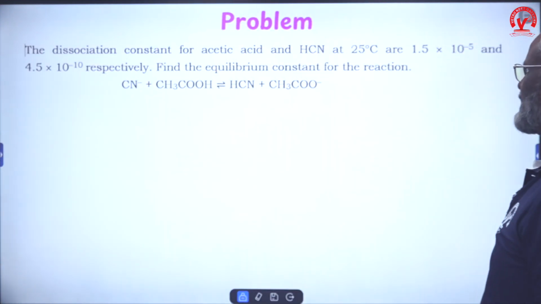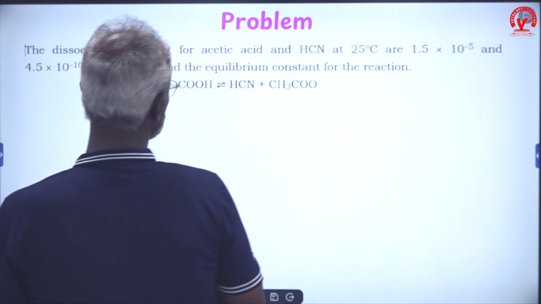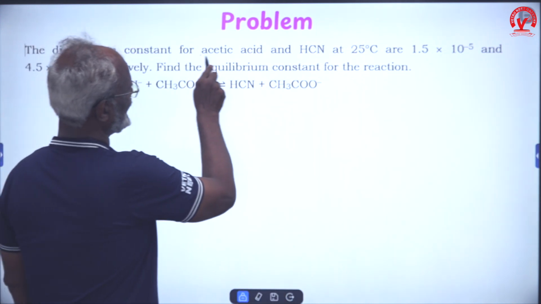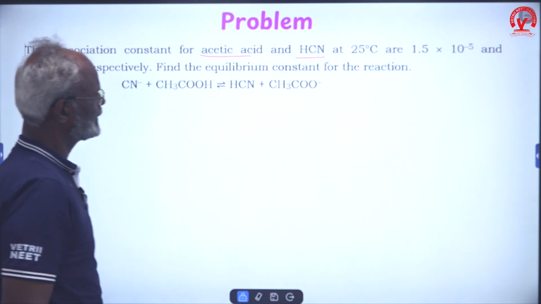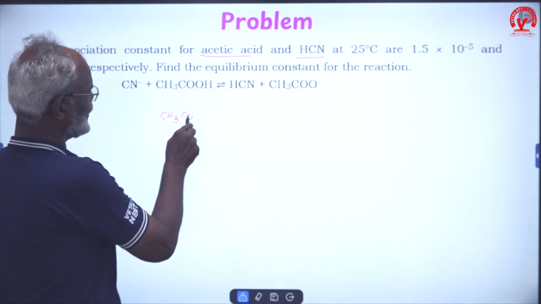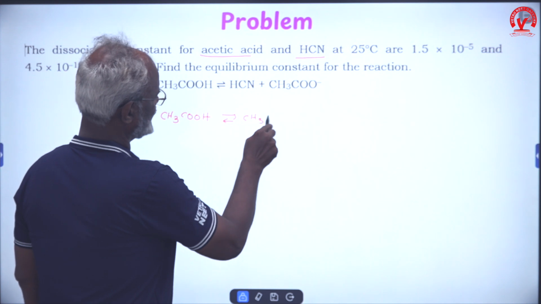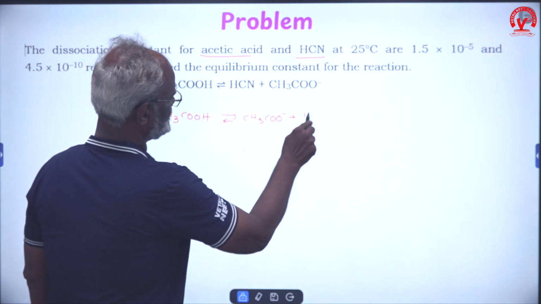The dissociation constants of acetic acid and HCN at 25 degrees centigrade are given. Find the equilibrium constant for the reaction. First we will write the dissociation equation for acetic acid and HCN. Acetic acid, CH3COOH, reversibly gives CH3COO minus plus H plus.